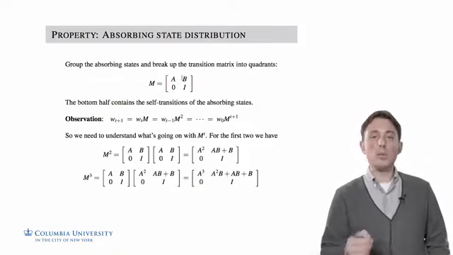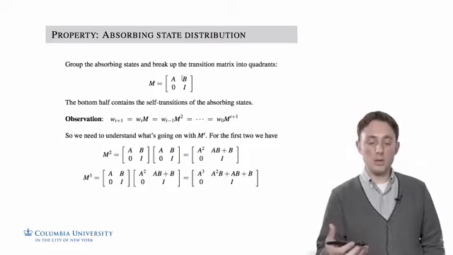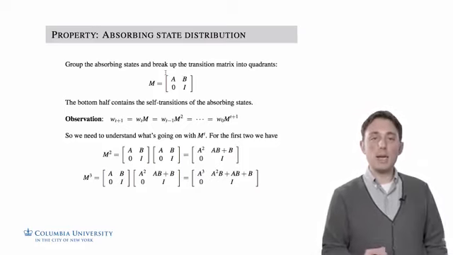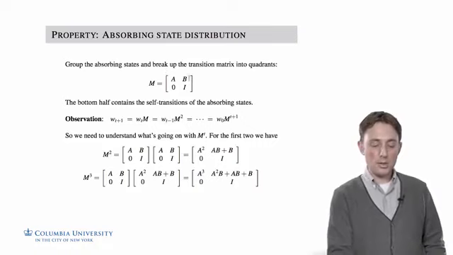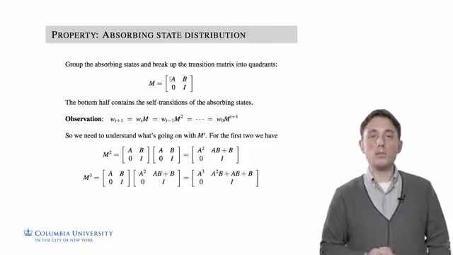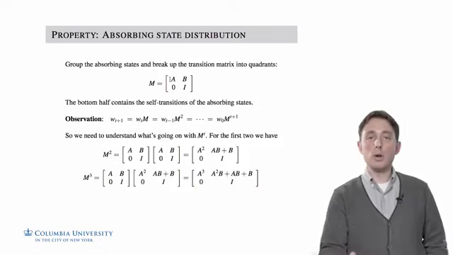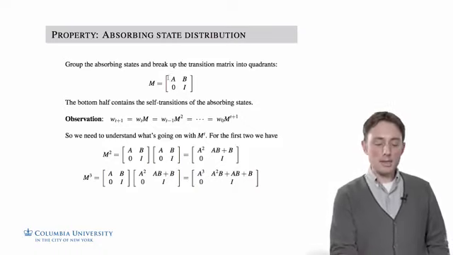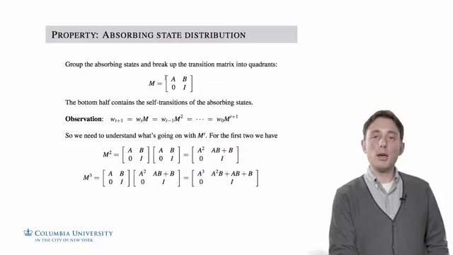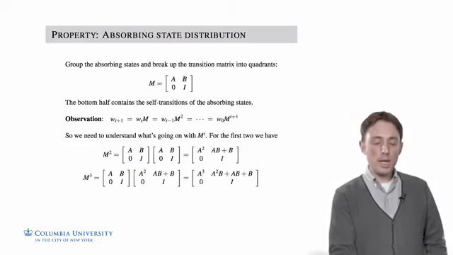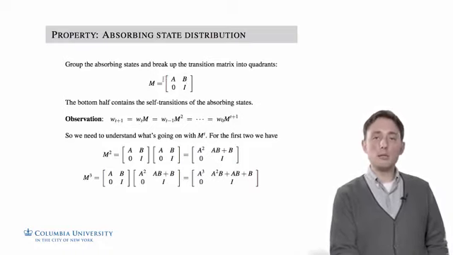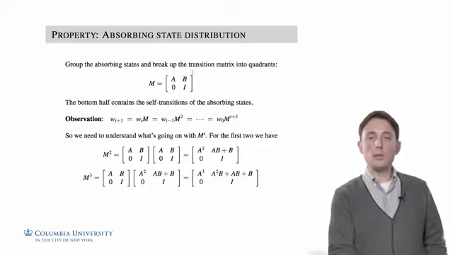So B is now going to be a k by k dimensional matrix. I'm sorry, it's going to be an s minus k by k dimensional matrix. A is going to be an s minus k by s minus k square matrix. So A says the probability of transitioning from a non-absorbing state to another non-absorbing state, and B has the probability of transitioning from any non-absorbing state to any of the absorbing states.